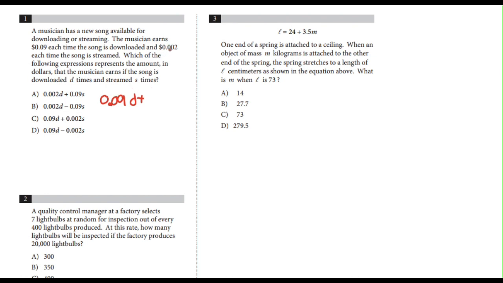We know that they earn $0.002 on each streamed song times the number of streamed songs. And the total that the musician earns for both of them combined, all we have to do is add these two terms together. And we're going to get answer C.